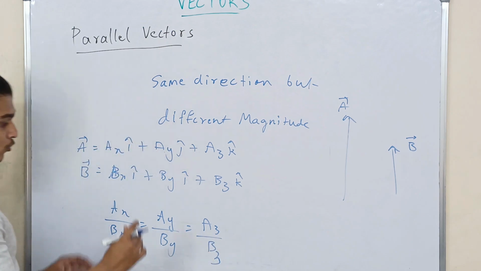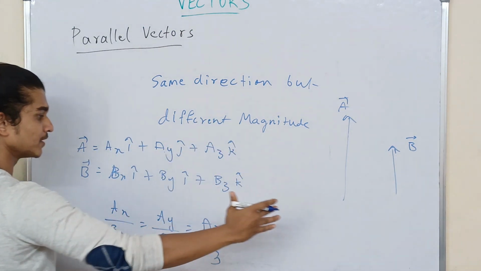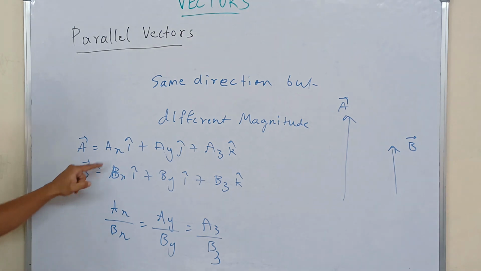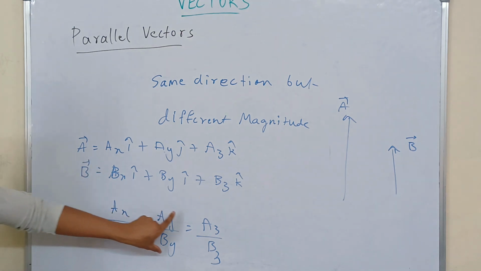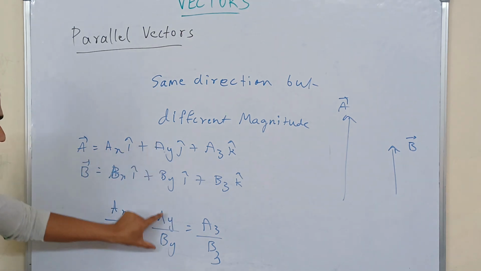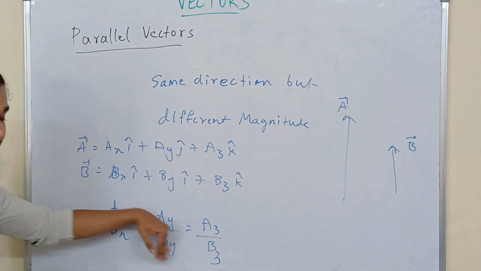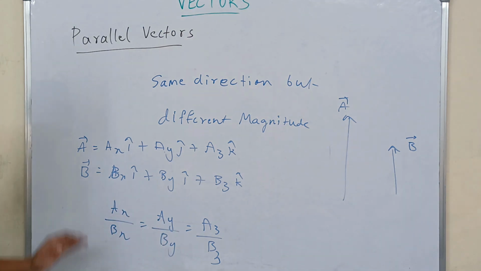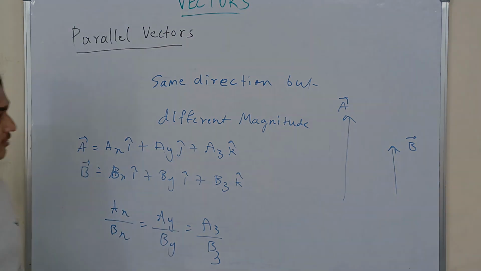So if two vectors are parallel to each other, then their components have the same ratio. So this and this are all equal. This is the conclusion I can draw from parallel vectors.